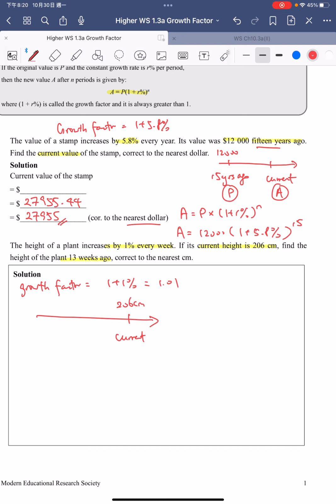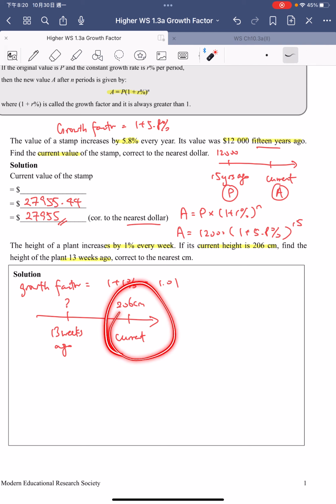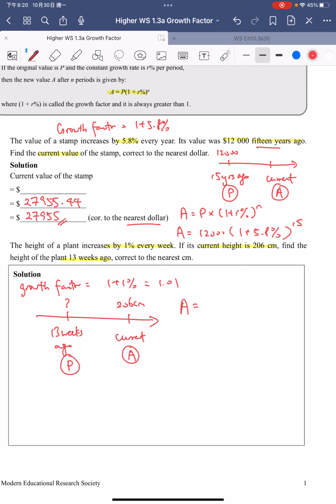So that's something that happened before. So here we have 13 weeks ago, which is equal to something unknown. As the current one actually happened next, the current one will be our A, and for the 13 weeks ago, the value should be the P, the past one. We can use our formula, A equals P times the growth factor (1 plus r percent) to the power of n.